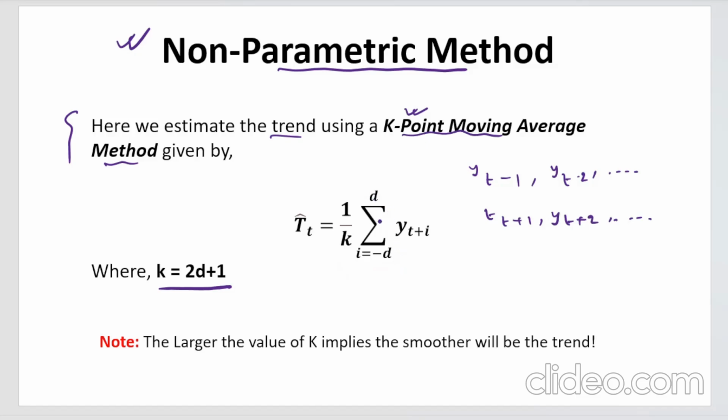We'll see how we can find this d value. Suppose you want to know the trend at a particular period. What you do is consider some lag values of yt and take the average of them. That is known as the moving average.